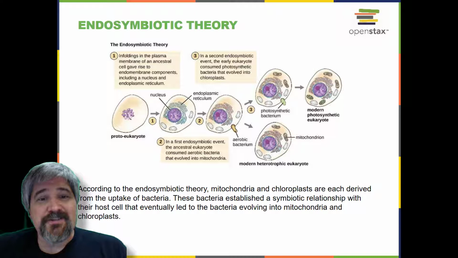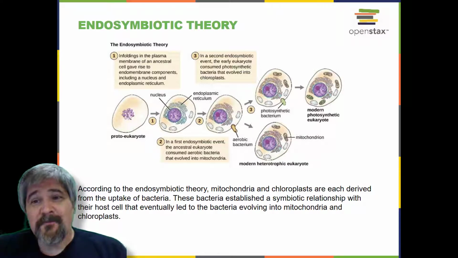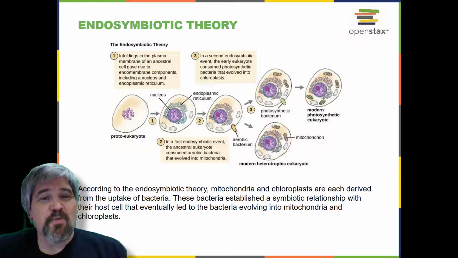Symbiosis is a relationship in which organisms from two separate species live in close association and typically exhibit specific adaptations to each other. Endosymbiosis, endo meaning within, is a relationship in which one organism lives inside the other. Endosymbiotic relationships abound in nature. Microbes that produce vitamin K live inside the human gut.